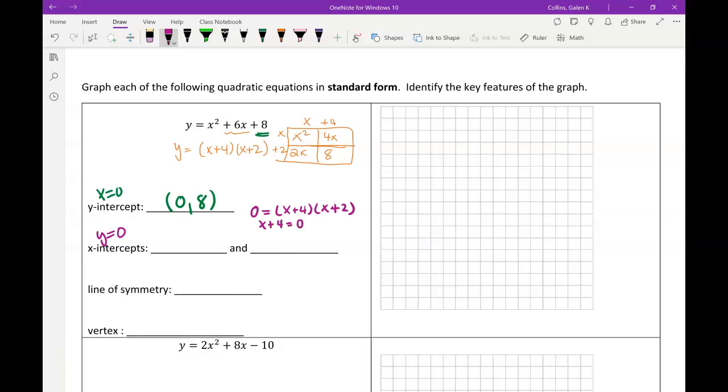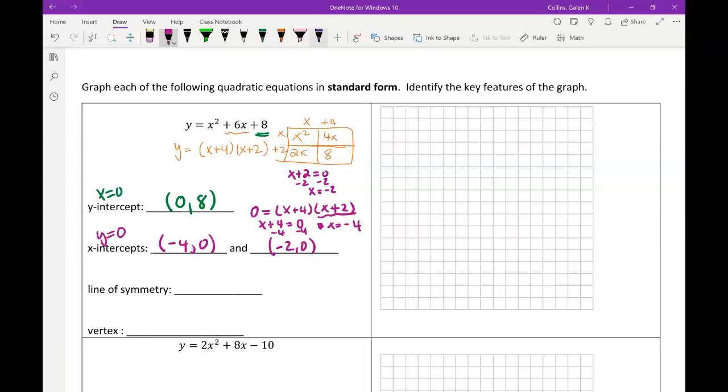If x + 4 equals 0, I could just subtract 4 from both sides, and I would get x equals negative 4. So one of my x-intercepts is when x is negative 4, and of course y is 0. The same thing here: if I set this factor, x + 2, equal to 0, I just subtract 2 from both sides. x is negative 2, so that gives me my other intercept.